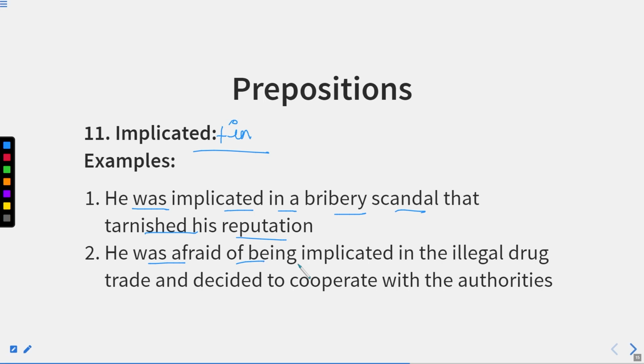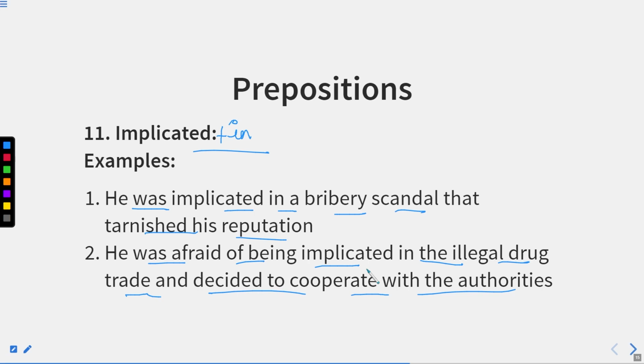He was afraid of being implicated in the illegal drug trade and decided to cooperate with the authorities. So implicated in means to be involved in, to be engaged in doing that particular thing which is unpleasant, which is actually a crime. And these are the sentences that show how to use this phrase.